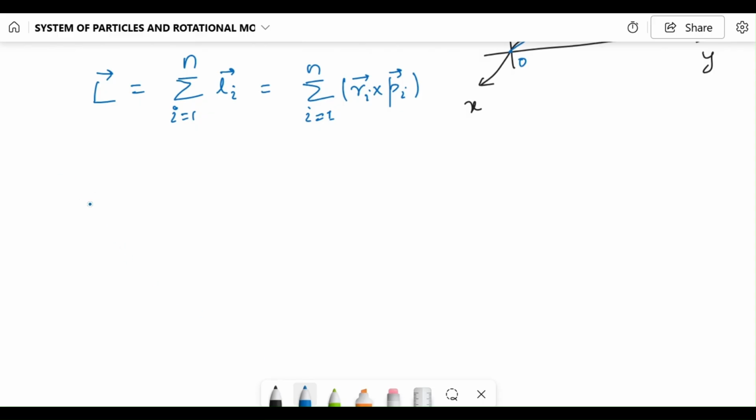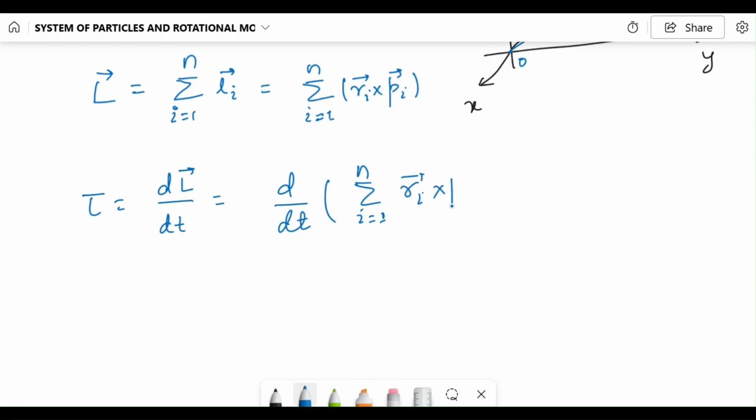The torque for the system can be defined as the time derivative of this angular momentum, and then we will have summation i equals 1 to n of d/dt of ri cross pi. Look, we can take this summation outside, and it won't affect the result.